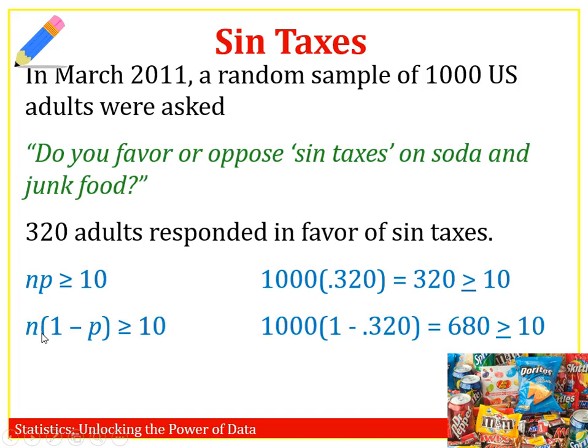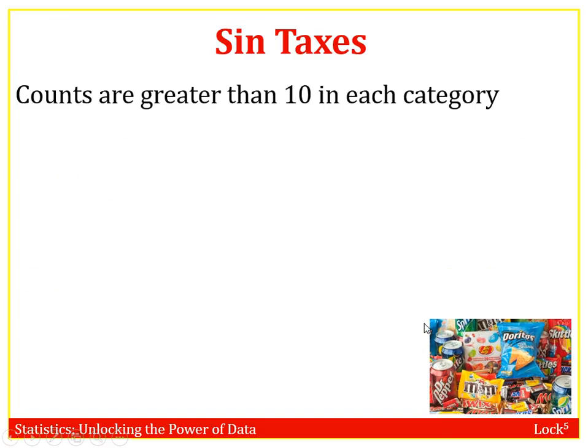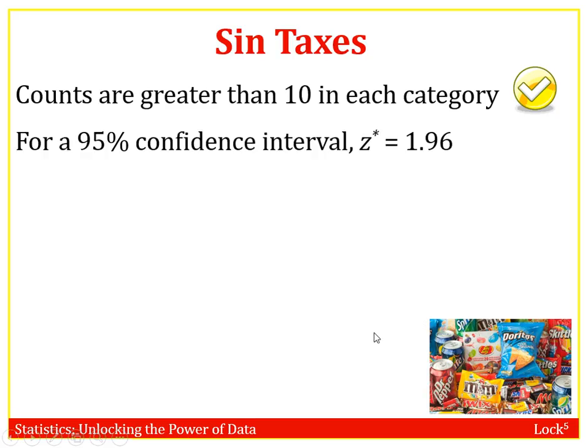When we do 1,000 times 1 minus p, we get 680, which is also greater than 10. So that's good. We have greater than 10 in each category, so we know it's going to be approximately normal, and we can approximate our confidence interval using the normal distribution.